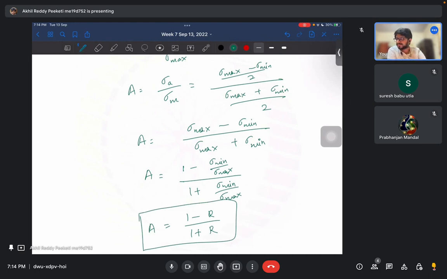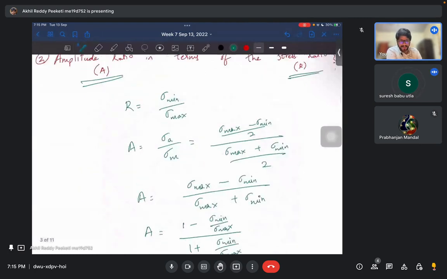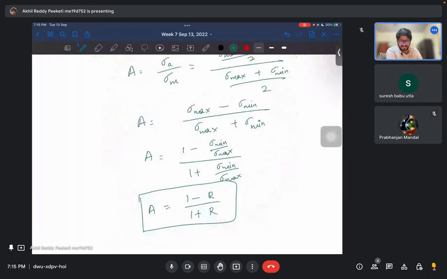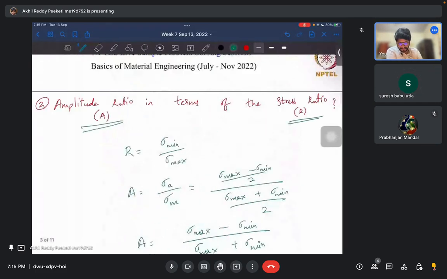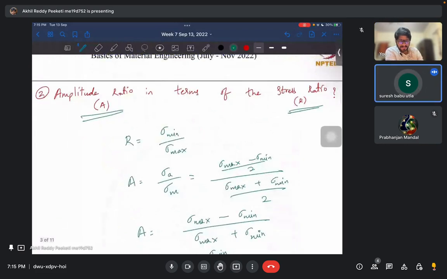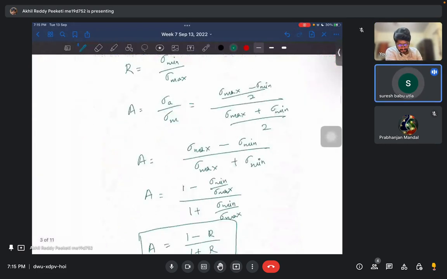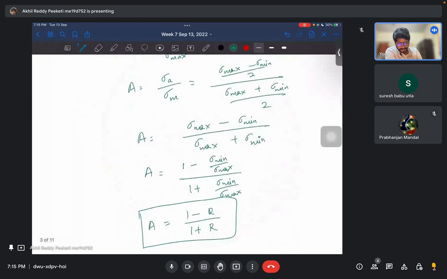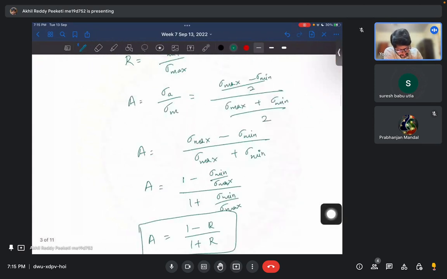So is this clear? So how can we interchange A and R? In the numerator I have taken sigma max common, and in the denominator also I have taken sigma max common.